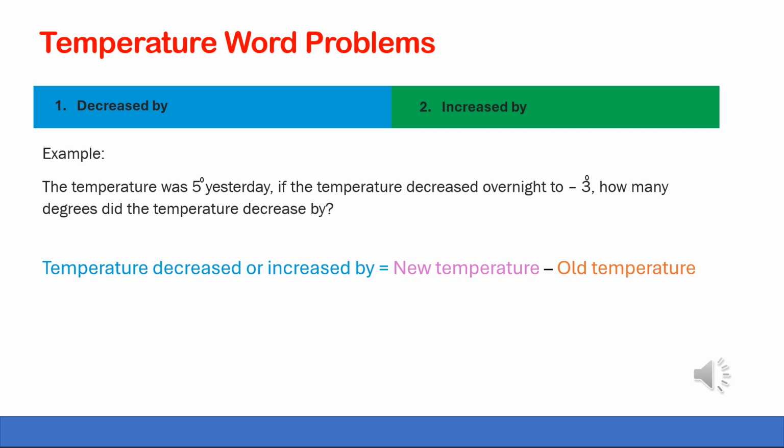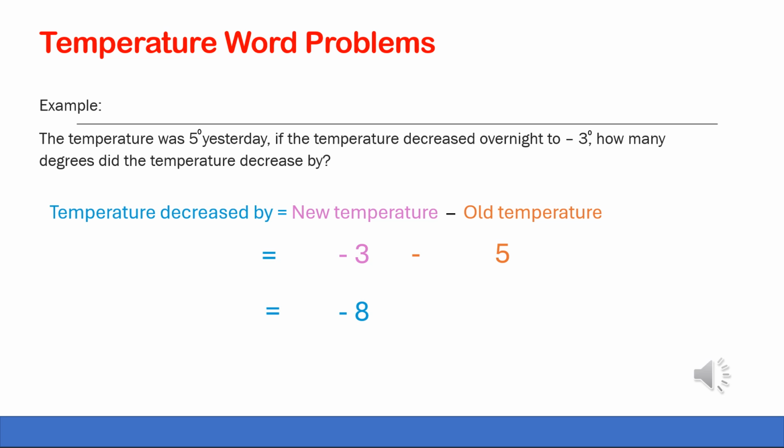In this example, my new temperature is -3. My old temperature is 5 degrees, which equals -3 minus 5. If you've watched the previous video, temperature part 1, you should know -3 minus 5 equals -8. This means that my temperature has decreased by 8 degrees.